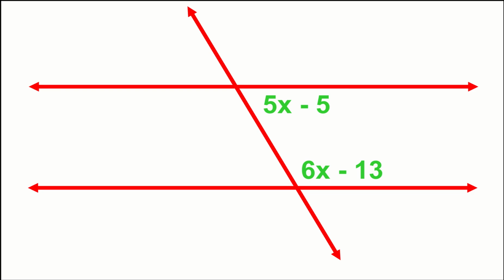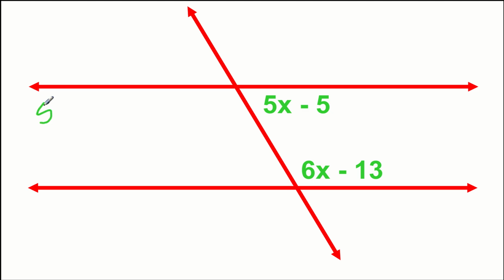All right, what about these? They're different. Also, I don't have a number for one of them. I've got an expression for each of them, right? So when they are different, the two angles have to add up to 180, right? It's the same thing for this. They got to add up to 180.